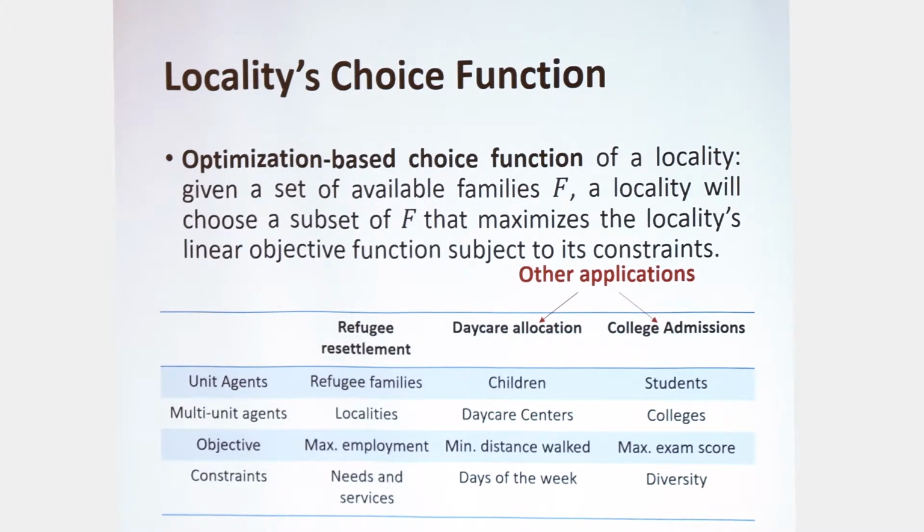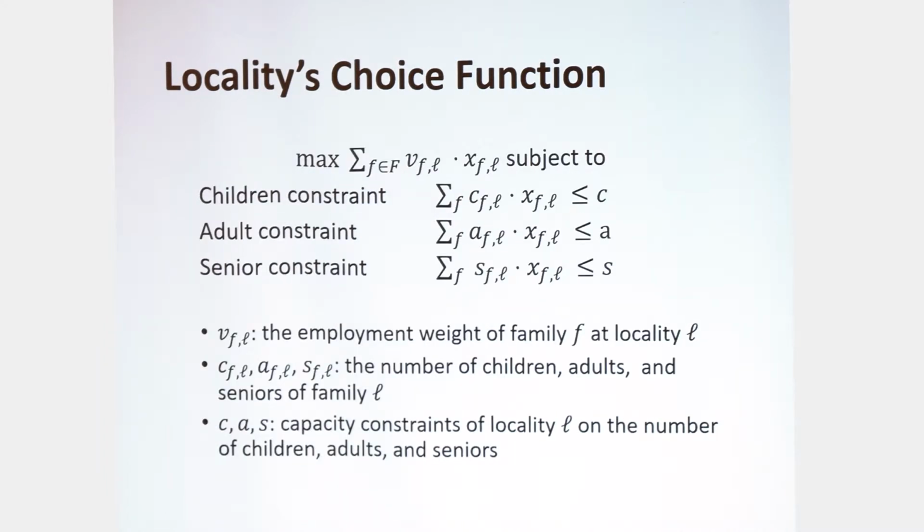Our model also fits very well in other applications like daycare allocation and college admissions. But in this talk, I will mainly focus on refugee resettlement. If we abstract things out from the previous example, a locality has a linear objective function subject to a set of constraints.